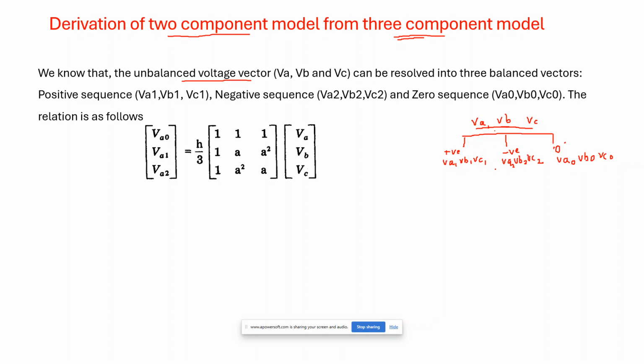So this is the equation we have already learned. Here h is equal to 1. Kindly note that we are considering h equal to 1, so wherever h is there in the proceeding derivations, please put h equal to 1.